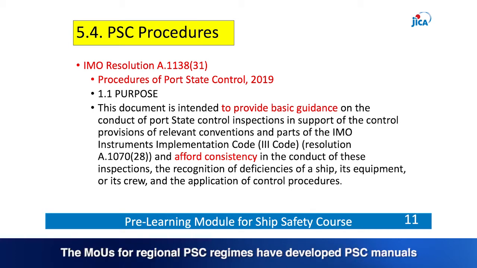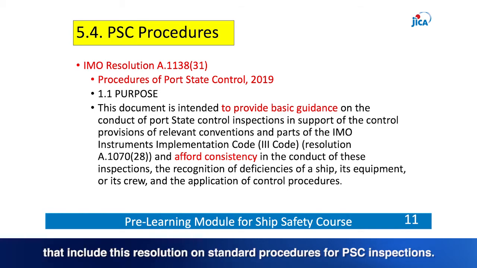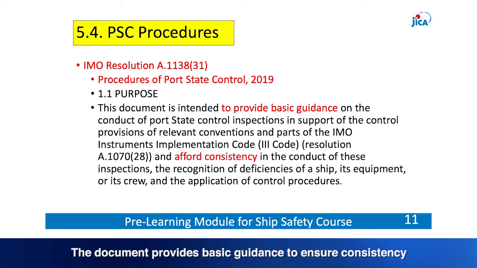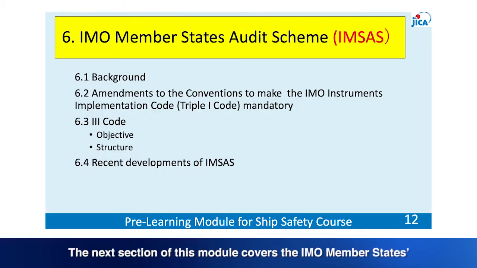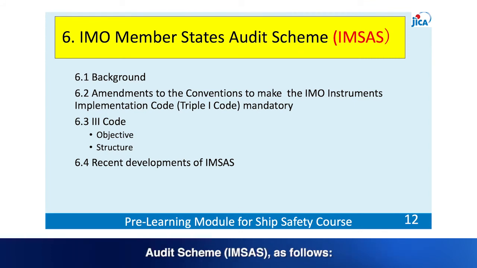The MOUs for regional PSC regimes have developed PSC manuals that include this resolution on standard procedures for PSC inspections. The document provides basic guidance to ensure consistency in inspections and the recognition of the deficiencies of a ship, its equipment, or its crew.